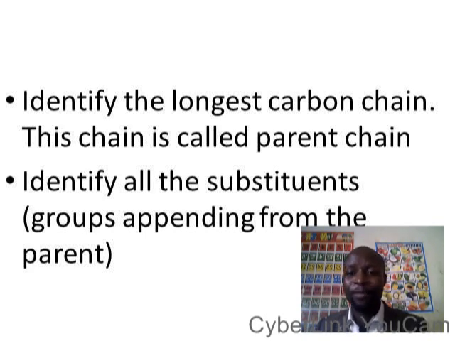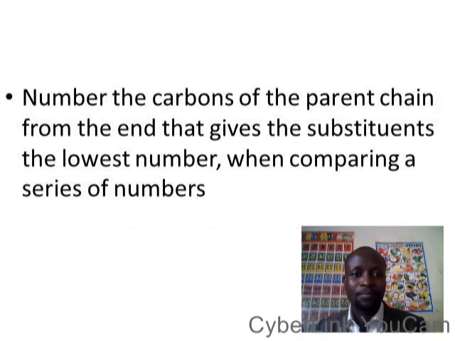Number 5, identify all the substituent groups appending from the parent. Now, number the carbons of the parent chain so that the substituent gets the lowest number when comparing the series.